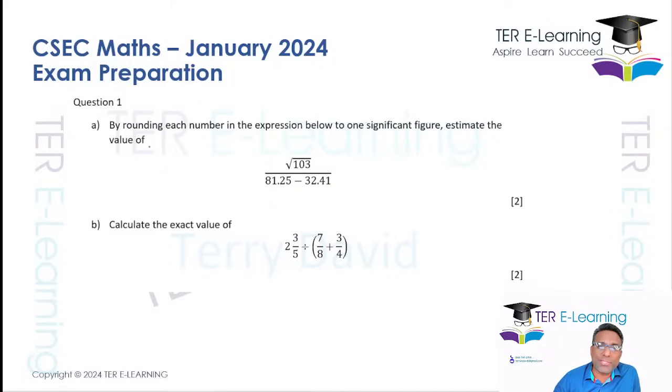In this question, by rounding each number in the expression below to one significant figure, estimate the value of this. I'm going to give you all a chance to work this out. I want you to round off everything to one significant figure and then calculate the answer. Let me see what you get for your answer.